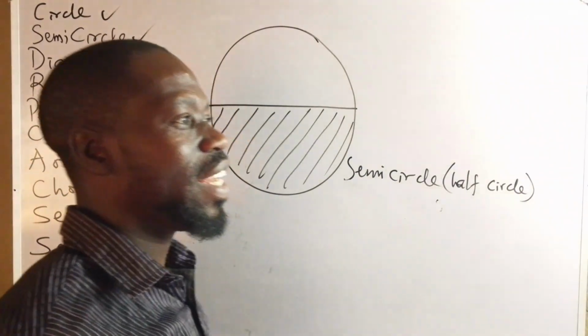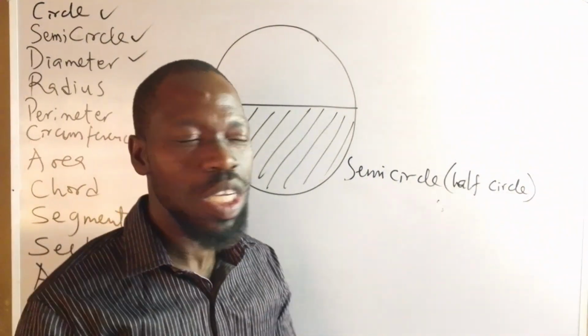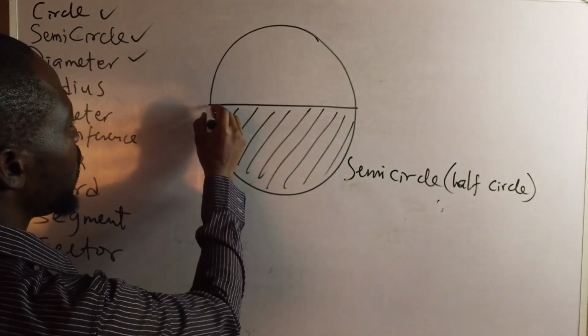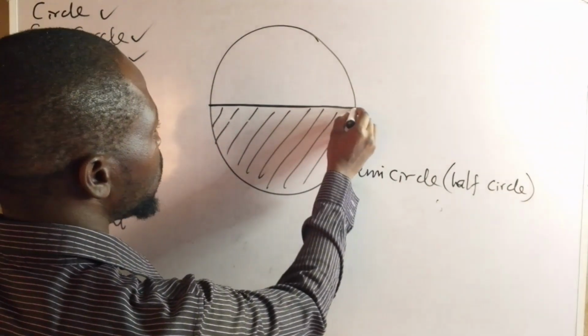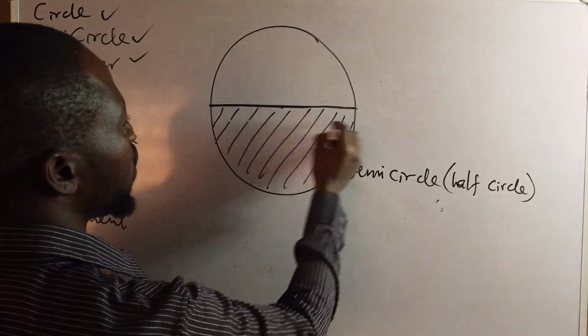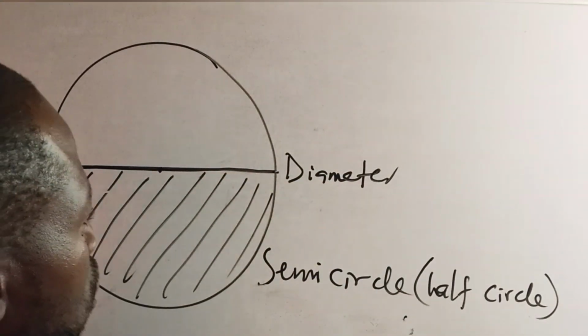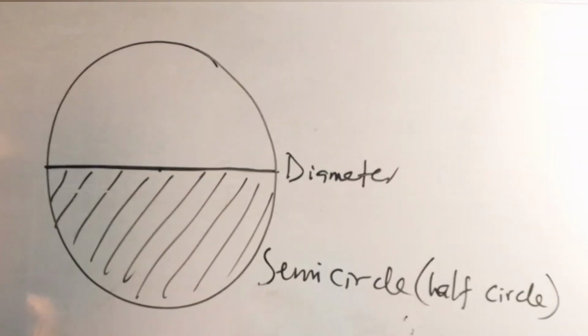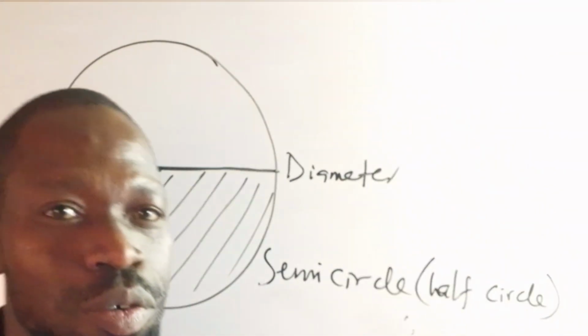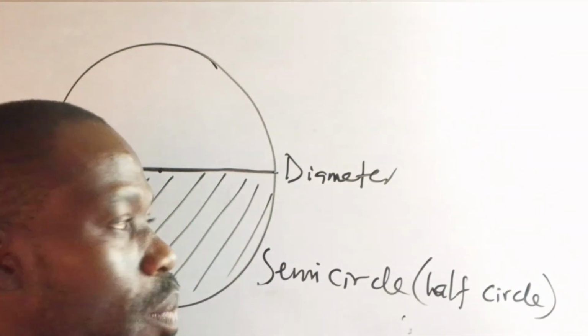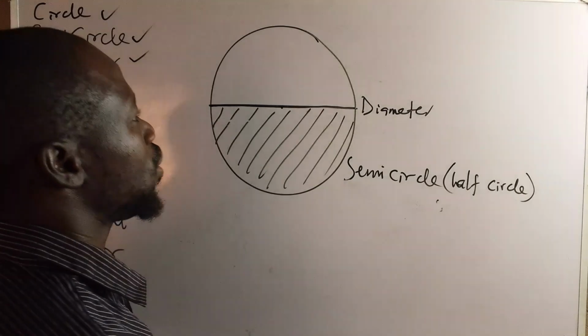Diameter is the line that divides the circle into two equal parts. For example, this line from here to here, through the middle of the circle, is diameter. So it divides circle into semicircles. So diameter divides the circle into semicircles. Divide circle into two equal parts. It could be in any direction.